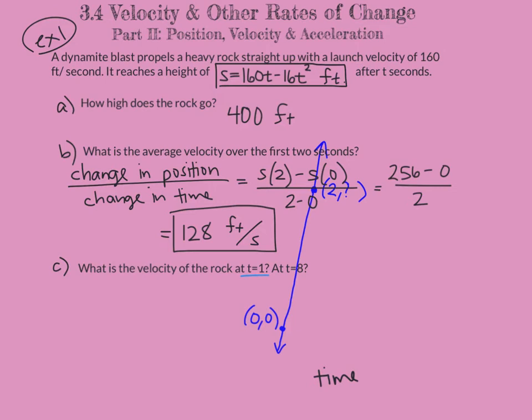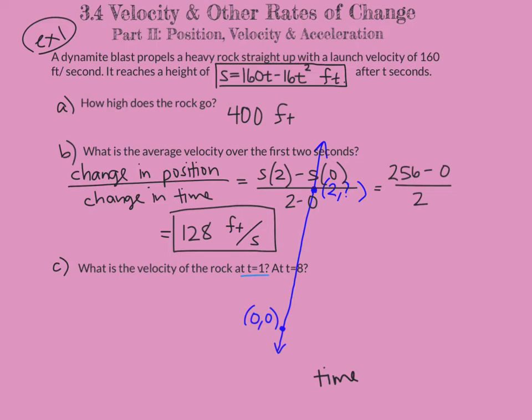The reason I did that is because I want to see if the instantaneous velocity at the first second is close to the average velocity over the first 2 seconds. The first second, or second 1, is squeezed in between seconds 0 and 2. So let's see how that fares out. Let's see what happens. In order to find the equation for the instantaneous velocity, we need to take the derivative of the position function.